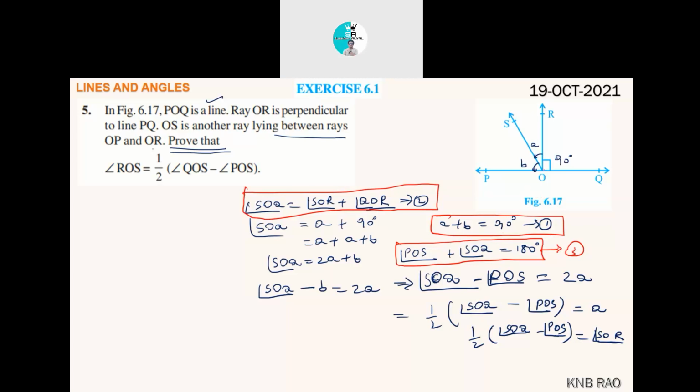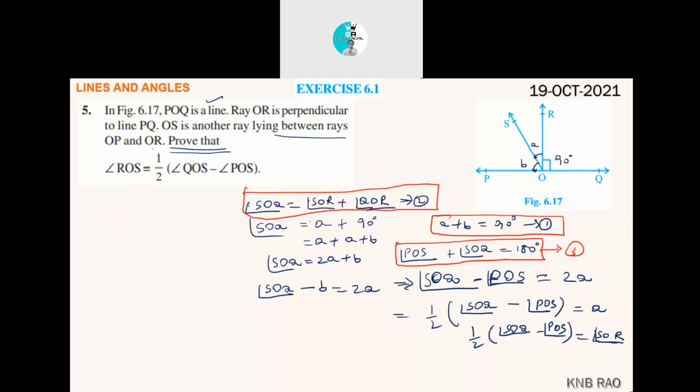Then POS plus ROS is equal to QOS minus ROS. So angle POS plus ROS is equal to QOS, minus ROS will come to this side and become plus, sir. Then angle POS plus 2 ROS is equal to QOS. 2 angle ROS is equal to QOS minus POS, sir. ROS is equal to half into QOS minus POS.